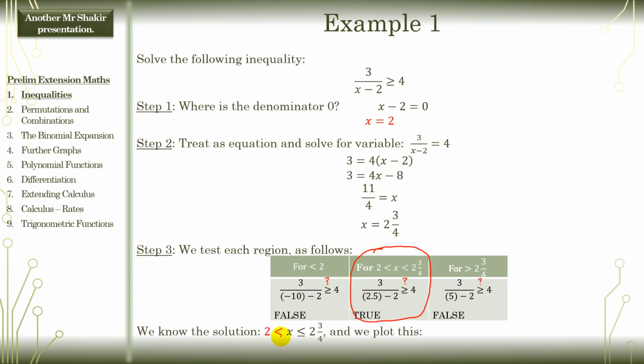Alright, so now for the solution. Remember, because x is equal to 2 will not be part of the solution, we write a less than sign here. And over here we write less than or equal to, because in our question we have greater than or equal to, so 2 3/4 will also be included. It will make that whole thing equal to 0.